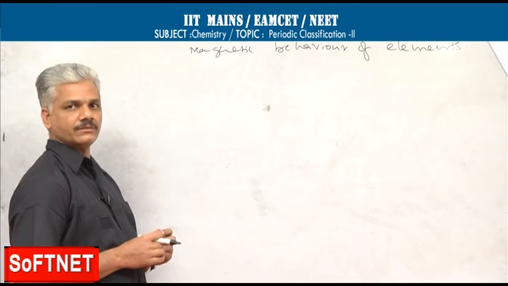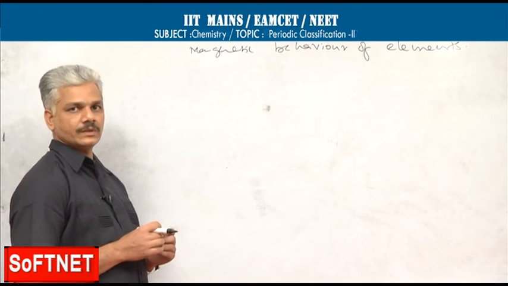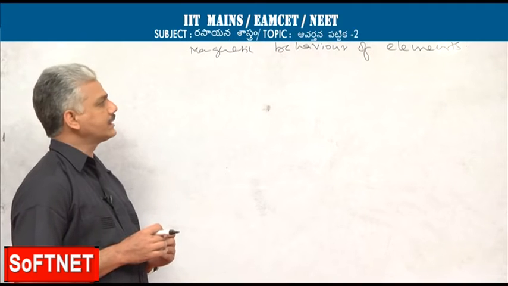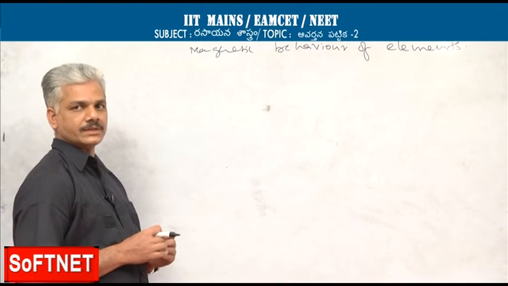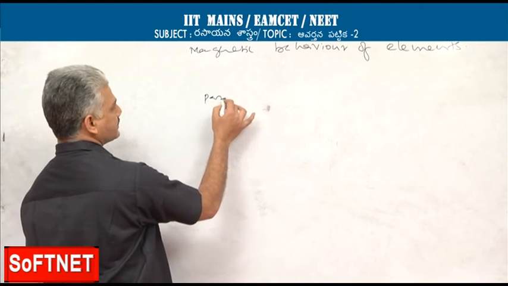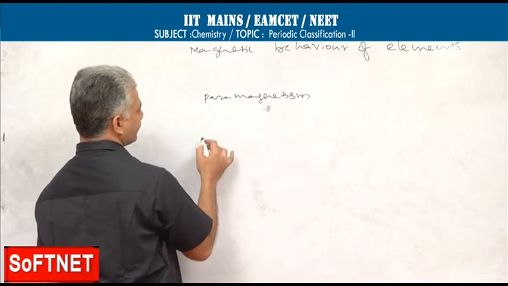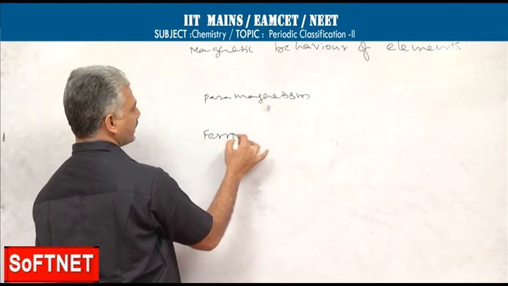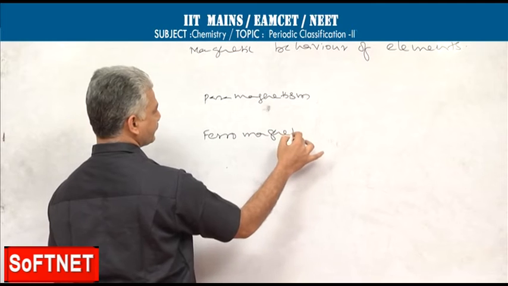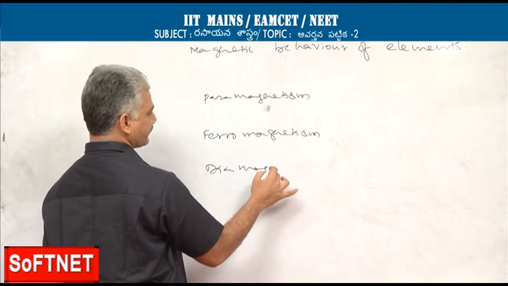Magnetic behavior of elements. The way elements respond to an external magnetic field, the magnetic properties are defined as paramagnetism, ferromagnetism and diamagnetism.